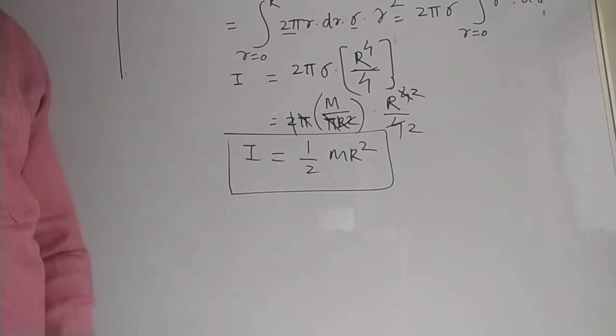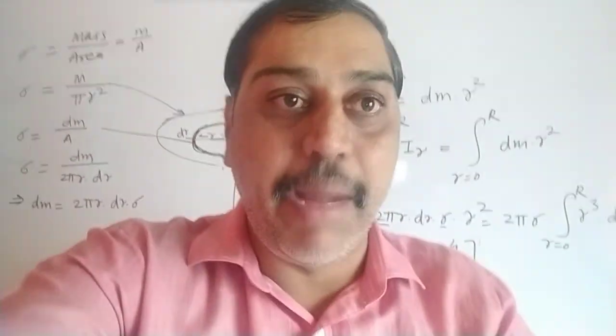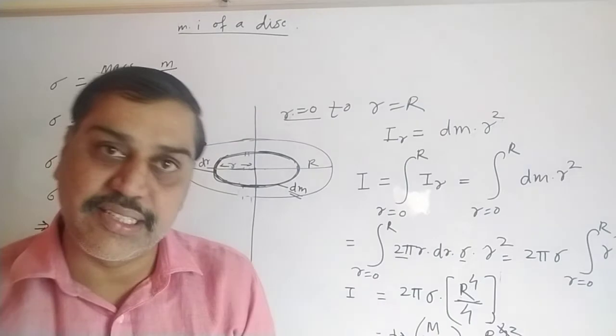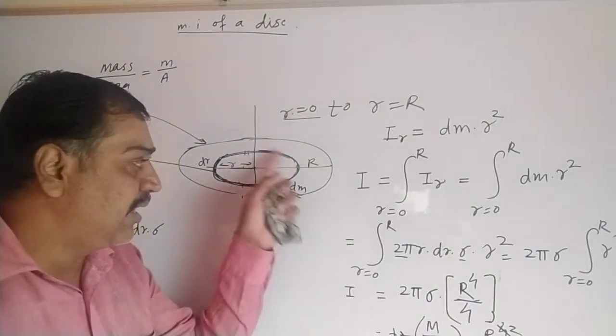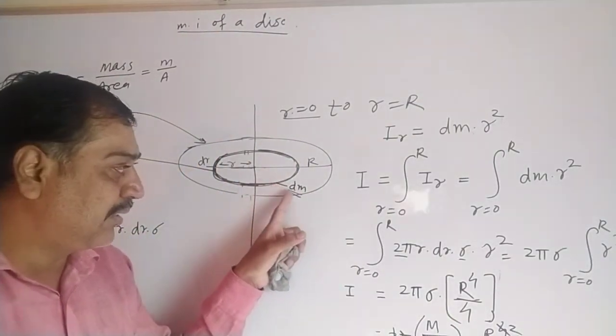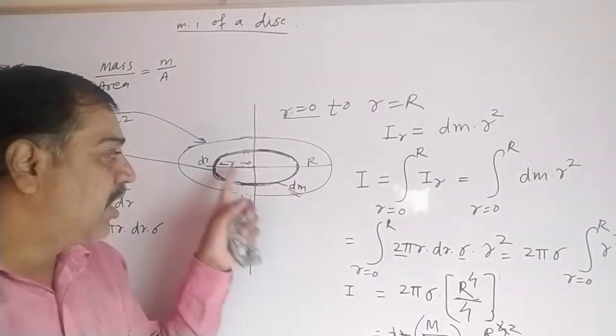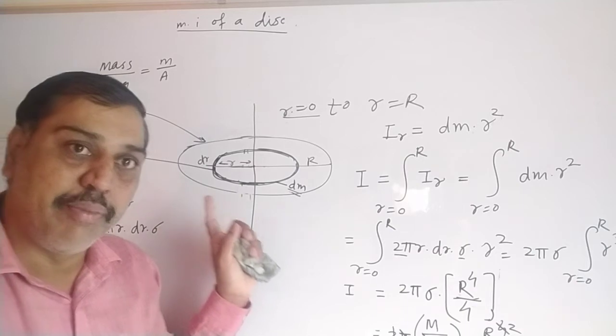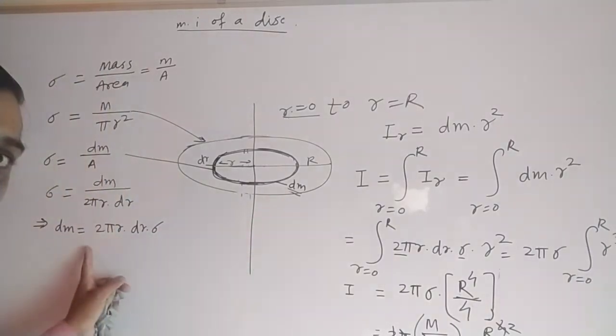So in this fashion, we have found the moment of inertia of a whole disk, by just knowing the moment of inertia of a ring. Then we go to the disk. The disk consists of smaller inner disks like this. First find mass dm. Let us suppose mass dm, radius small r, thickness dr. Put the values, find the value of sigma, find the value of dm that we found here.